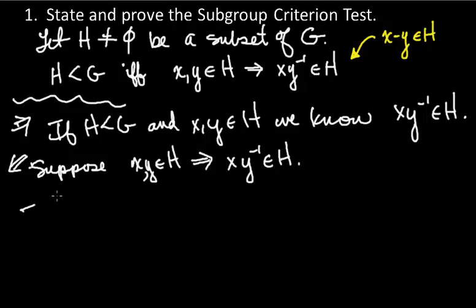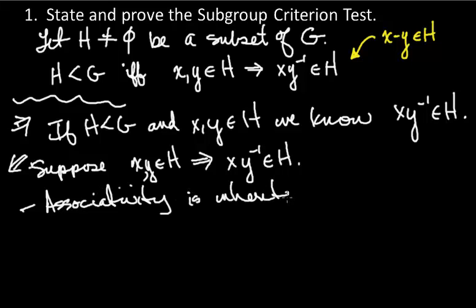Well, of course, first of all, the operation is associative because G is a group, and we know that the operation is associative in G. So let's just say associativity of the operation is inherited from G. It's a subset of G, and G is a group.